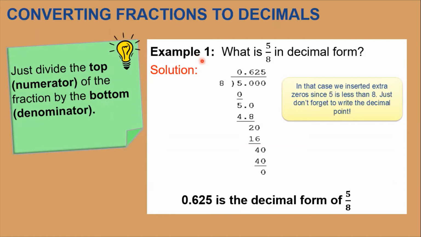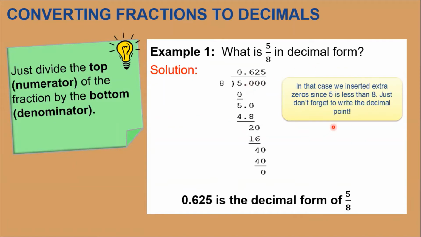Example 1: what is 5 over 8 in decimal form? Doing this process, 5 divided by 8, by the division operation, we get 0.625. In this case, we inserted extra zeros after the decimal point in 5 since it is less than 8, so that we can carry on with the computation.